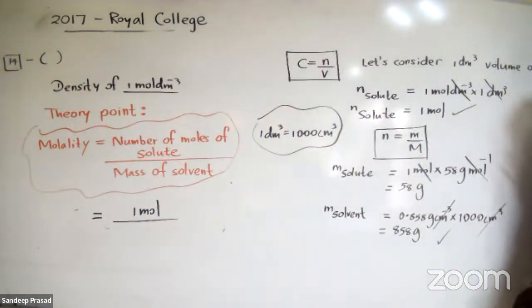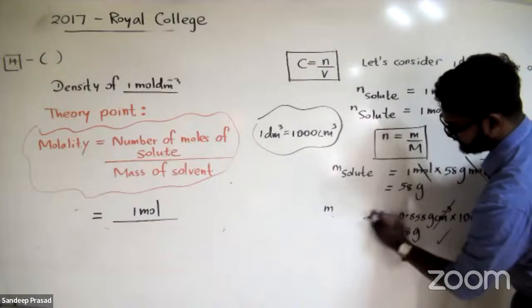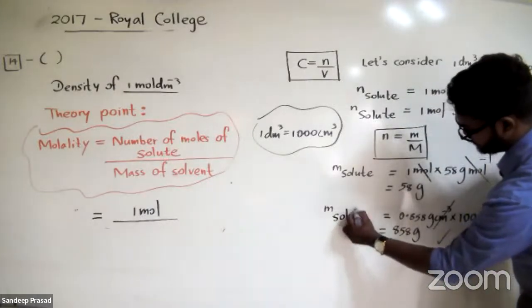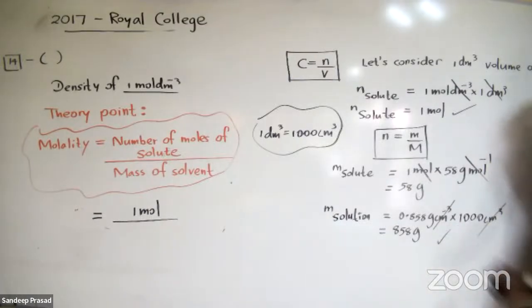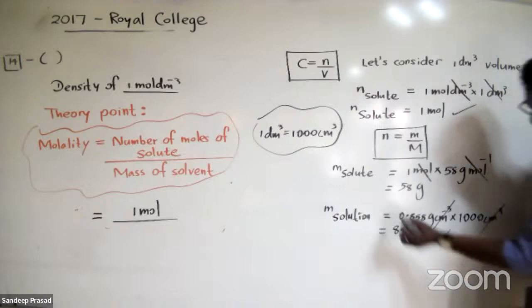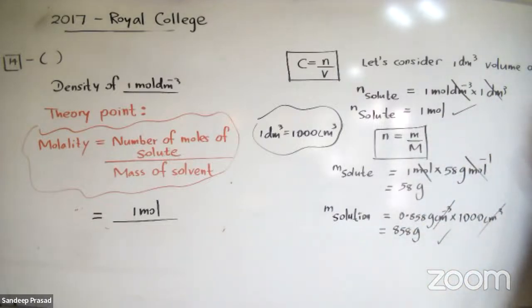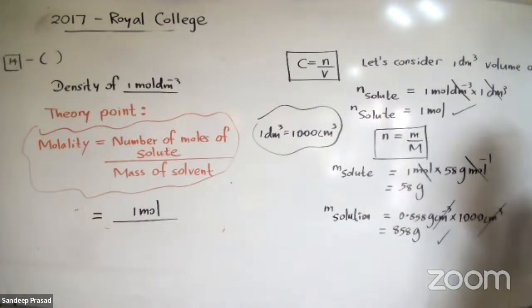Is this mass of solvent or mass of solution? This is mass of solution. They have given the density of the solution. If you multiply that by the volume, this is the mass of solution. Then how do you obtain the mass of solvent? Very good.